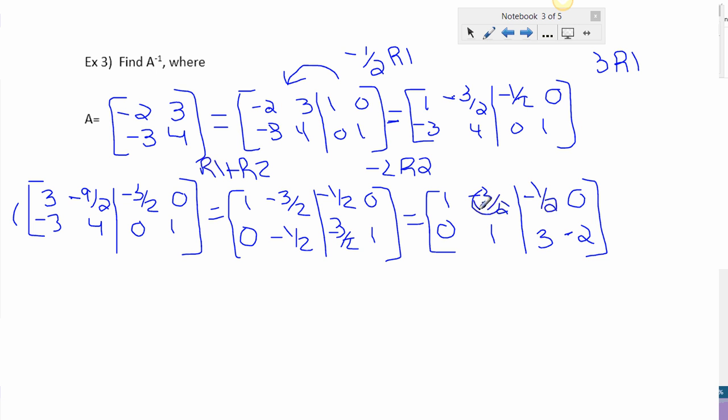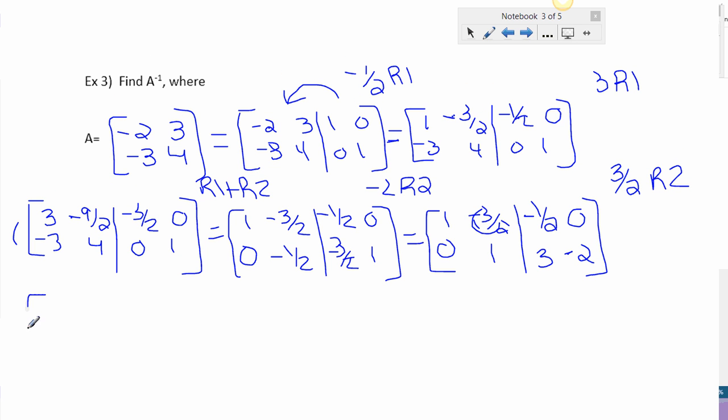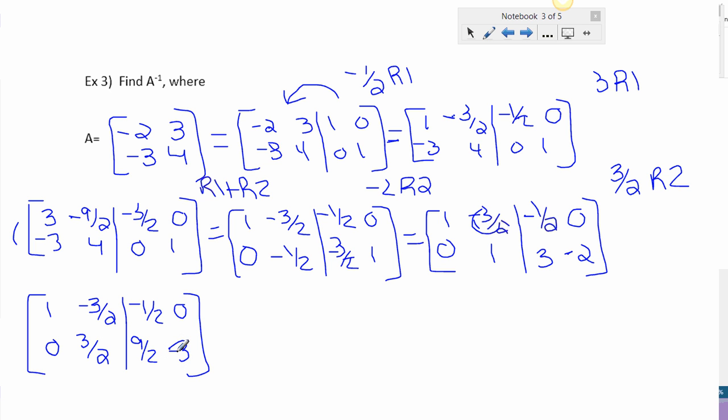So if we take row 2 and multiply row 2 by 3/2, I'm then able to add 1 and 2. So row 1 isn't going to change yet. Row 2 is going to become 3/2, 9/2, and -3. Now I'm going to do row 1 plus row 2.